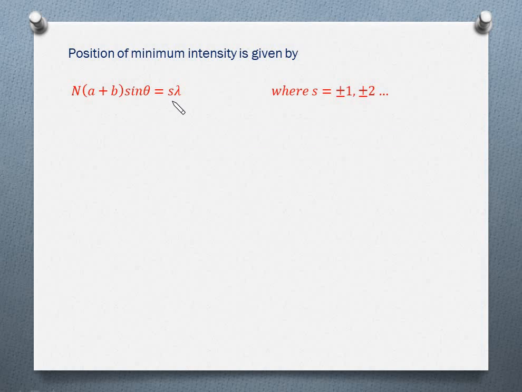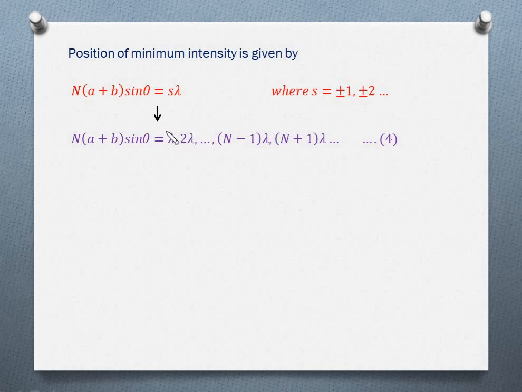Now just extend this equation. So this is the first order minima, second order minima, and so on. And here you see the n lambda is missing, because when you reach n lambda, that is the condition for the first order principal maxima.